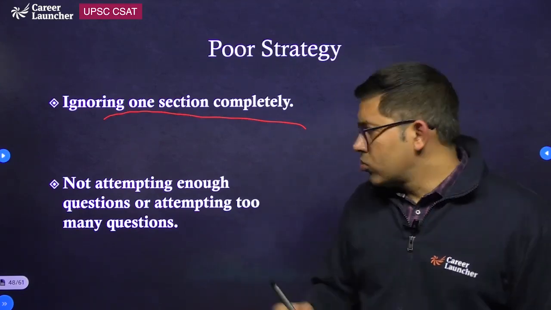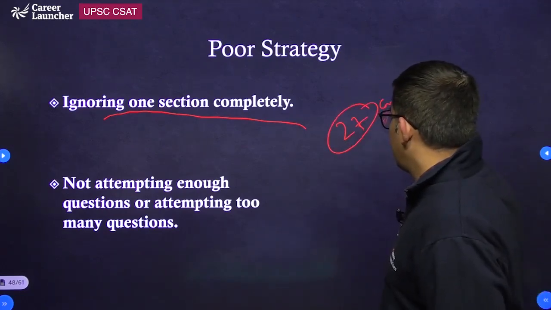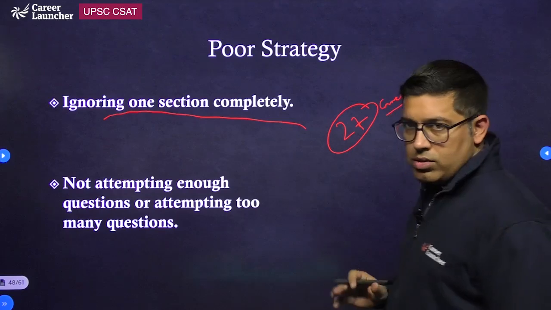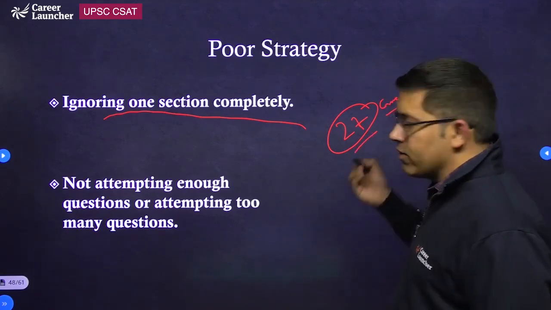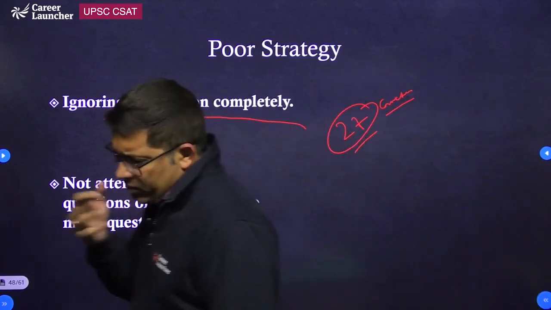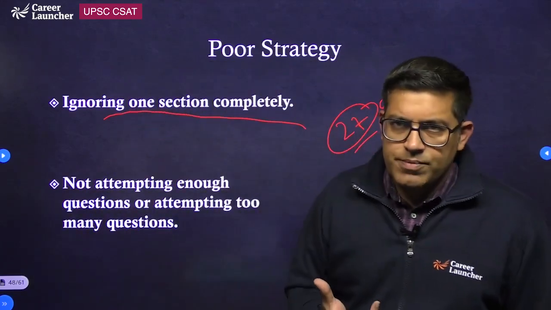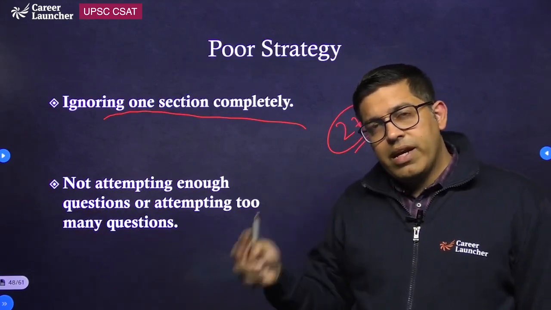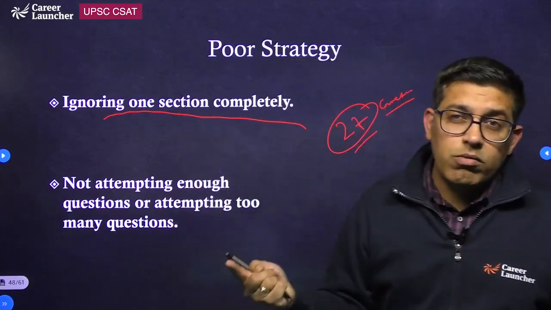To score 66 marks you require 27 correct answers, if you don't make any wrong answer. So without negative marking, 27 questions you have to solve. The paper becomes so difficult that there are very hard questions in every topic, and there are a few easy questions which will help you get to that qualifying score.